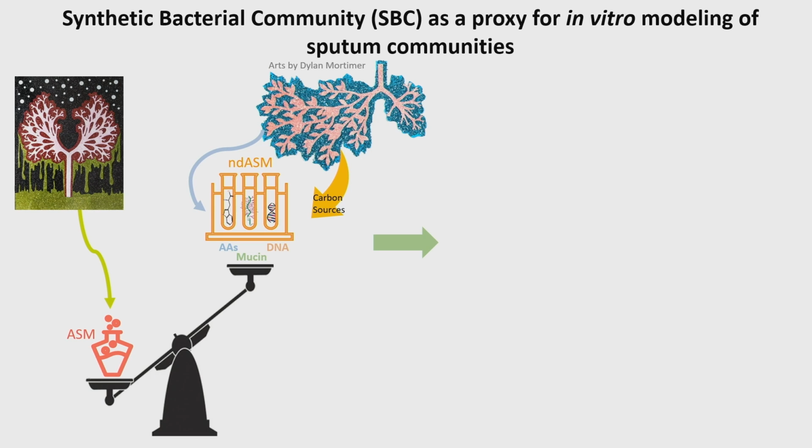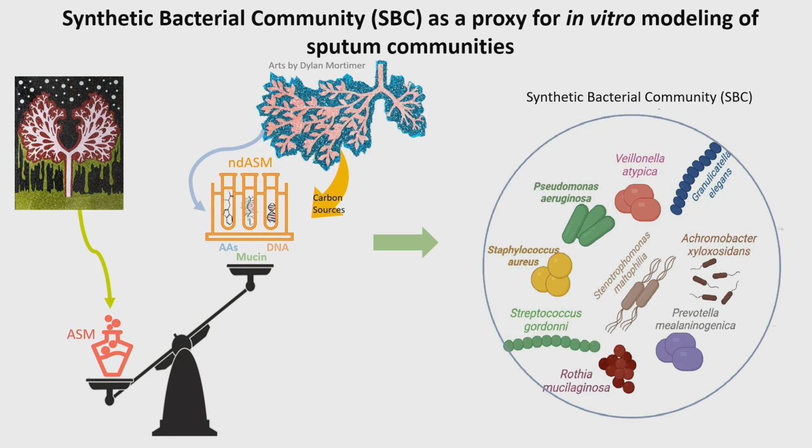With this artificial sputum media in nutrient depletion settings, we built a synthetic bacterial community as a proxy for in vitro modeling of sputum communities. What we did was isolate the traditional pathogens in cystic fibrosis, Pseudomonas, Staphylococcus, Achromobacter, Stenotrophomonas, and other commensal bacteria.